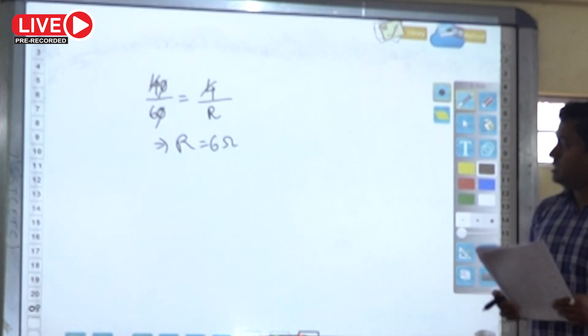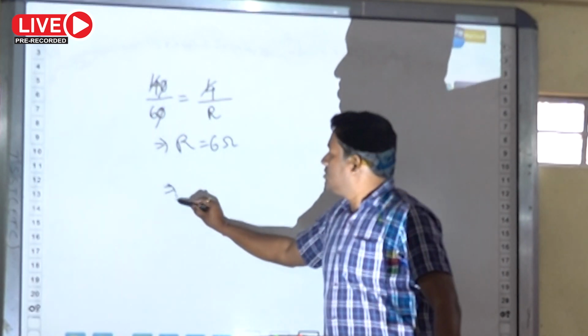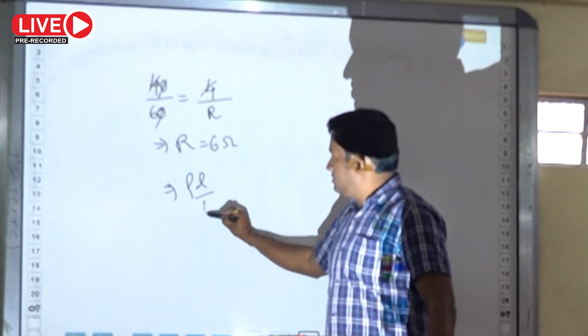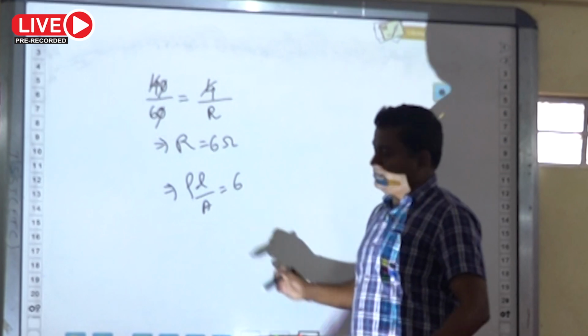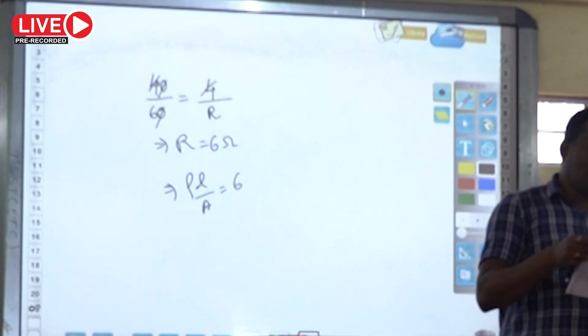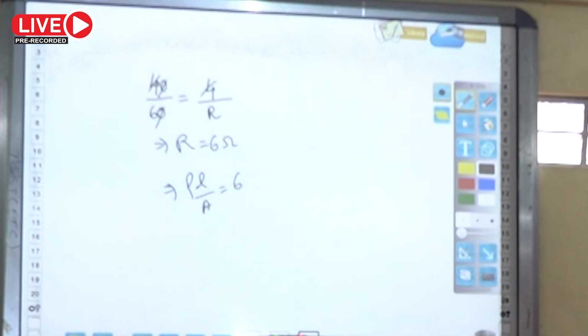and then R can be written as rho L by A, that is 6. L is given, the length is 10 centimeter, the diameter is given as 1 centimeter. From that you can calculate A and then find rho.